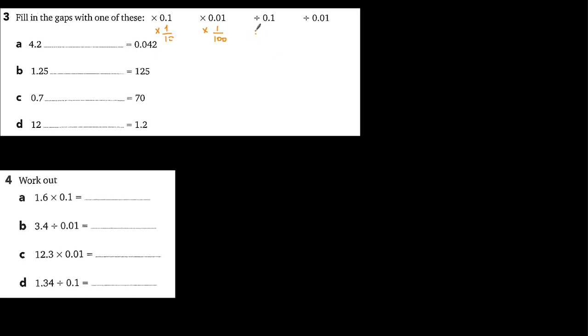This is divided by 1 over 10, and this is divided by 1 over 100. Actually, divided by 1 over 10 means it is multiplied by 10, and divided by 1 over 100 means it is multiplied by 100, and we are going to try to understand.